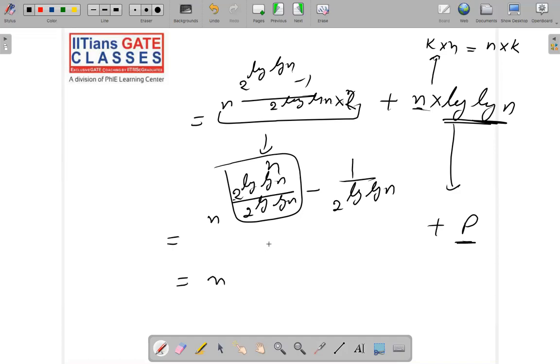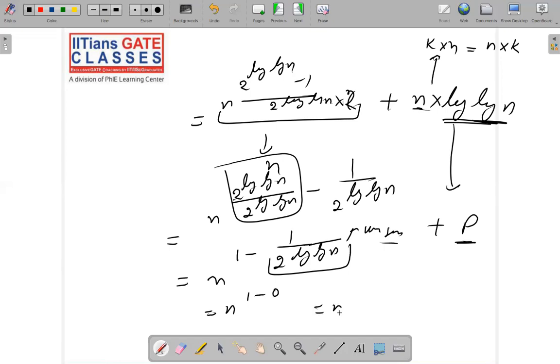N raised to power, here we can write this whole term as 1 minus 1 upon 2 log n. Okay, so this whole term will become 1 upon 2 raised to power log n. This is very small, very small. So you can write it as n, 1 minus very negligible 0. Okay, so it will become n.